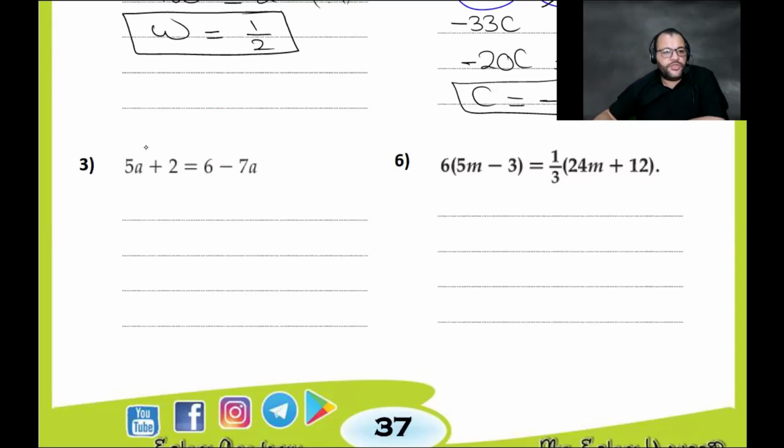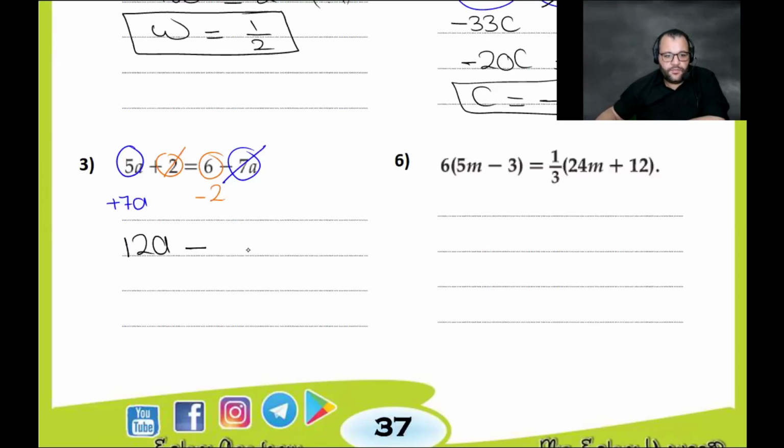Okay, so we need to solve question number 3. How do we solve it? We put the variables together, the variables in one side. So how can we convert negative 7a? It will be positive 7a. Then 7a plus 5a will be equal to 12a.